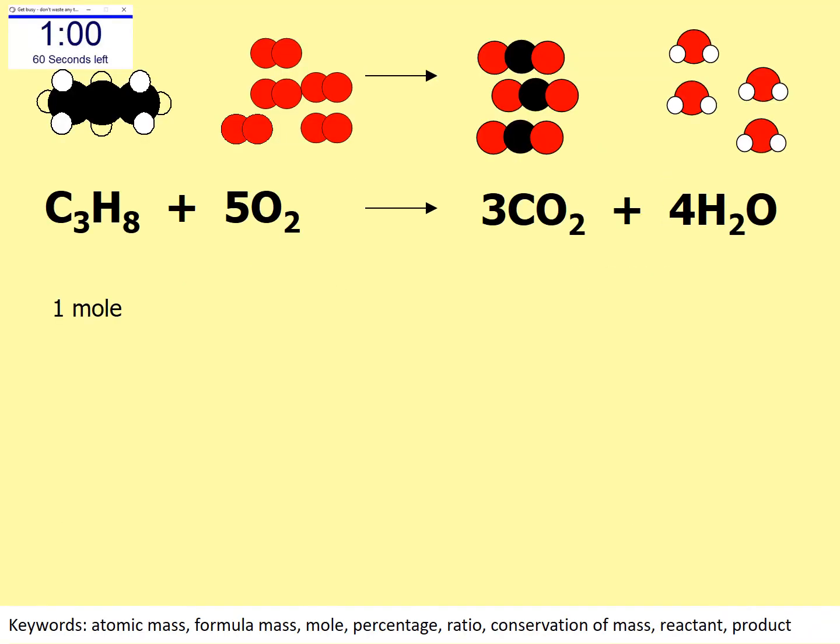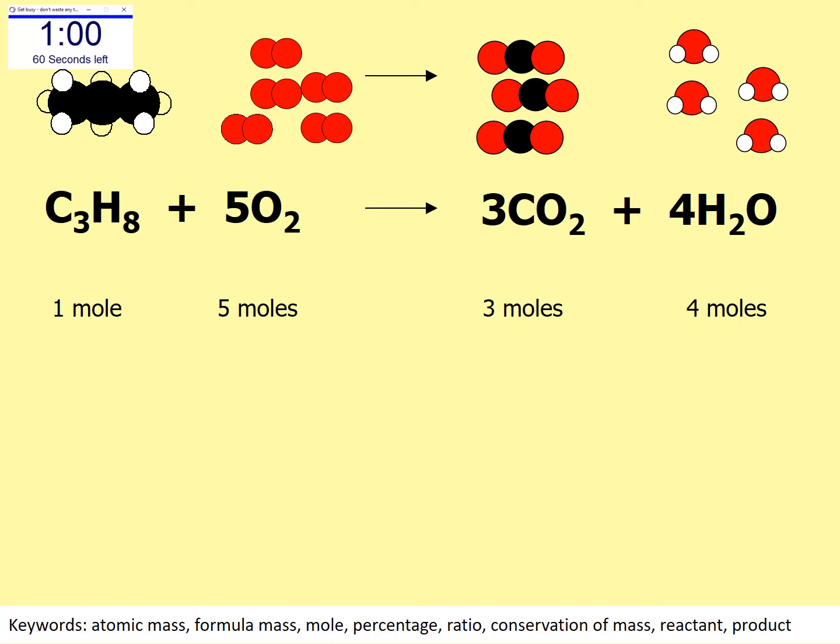So here's an example for you to look at. We have got 1 mole of propane. I know it's 1 mole because there's no number to balance it. It would need 5 moles of oxygen to react with it, and it would produce 3 moles of carbon dioxide and 4 moles of water.